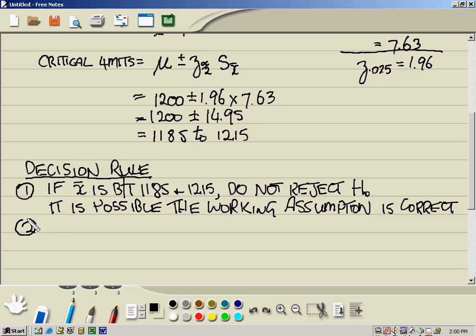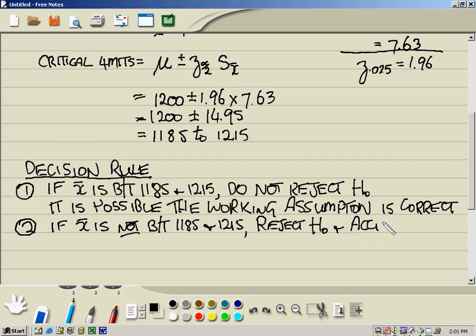Second part of the decision rule corresponds to the alternate, if x bar is in the tails. In other words, if x bar is not between 1185 and 1215, puts us out in the tails where the alpha is, then the sample value is too far away from the hypothesized value of 1200, so we'll reject the null and in its place accept the alternate.